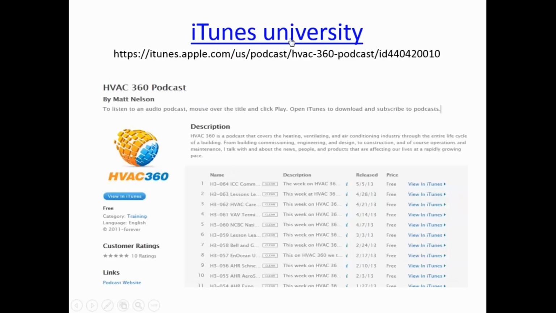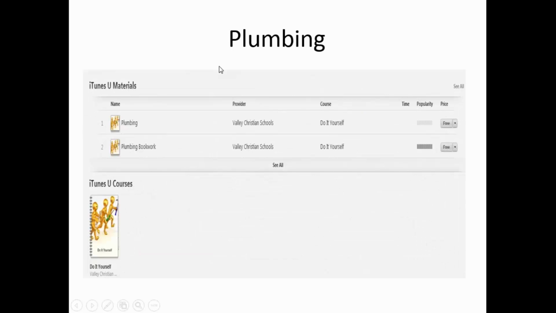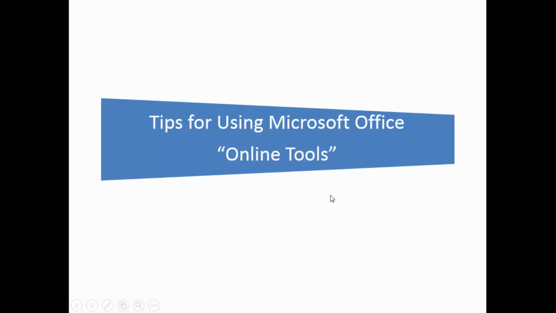So this is from iTunes University. These are podcasts on HVAC. There also are some plumbing iTunes video things. Some of them are free, some of them cost. So again, you have to have an iTunes account to be able to buy the ones that aren't free. So I think that's very helpful too.